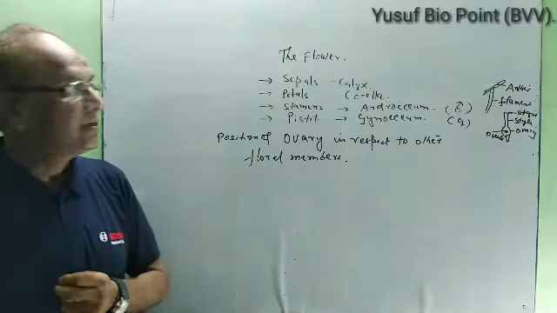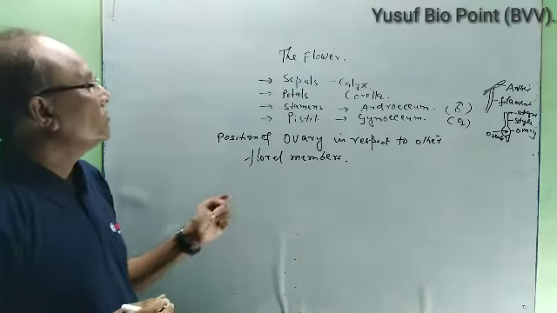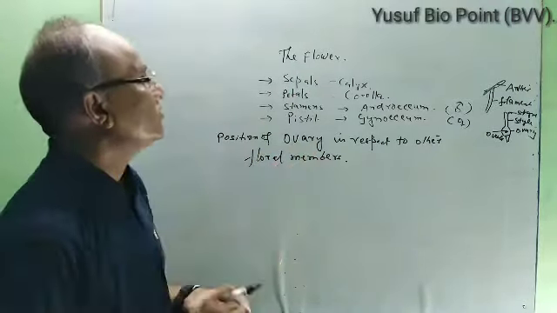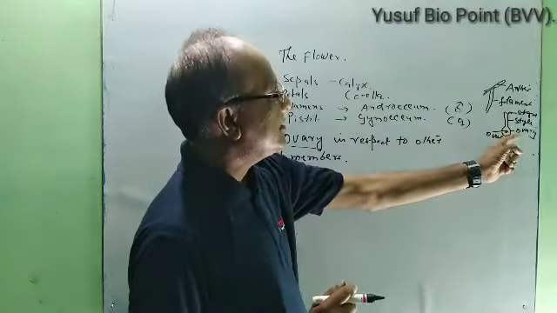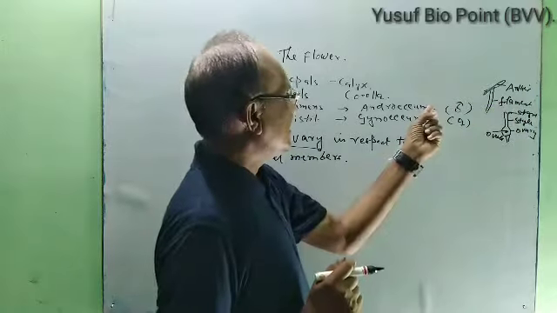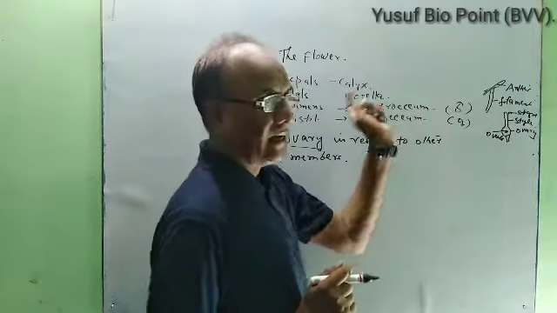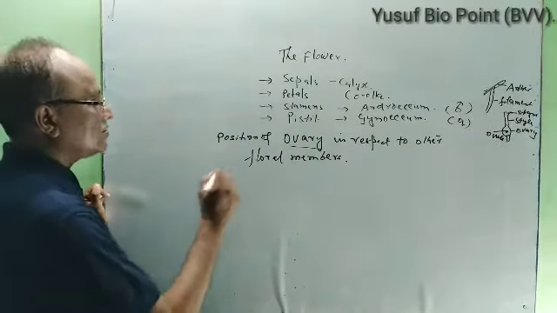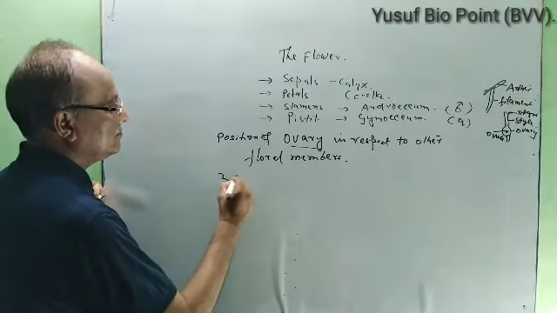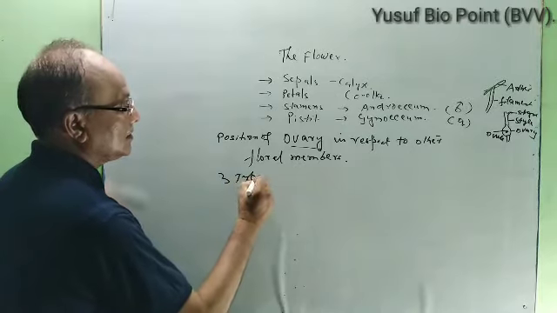Now, what is the position of the ovary, that is this part, in respect to stamens, calyx and corolla? The position may be of three types.